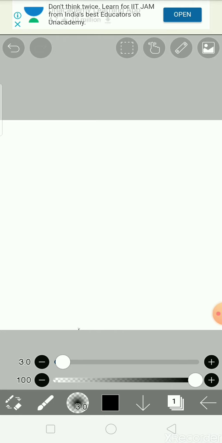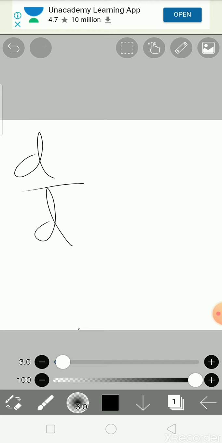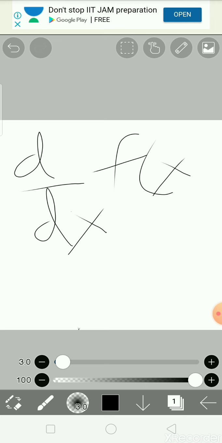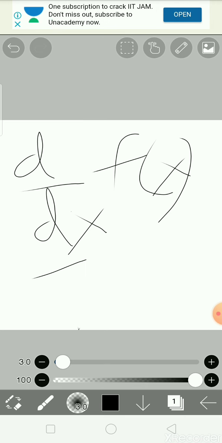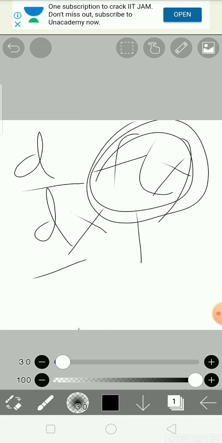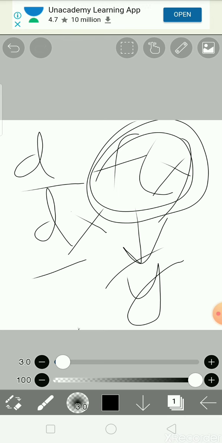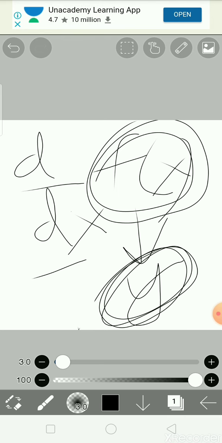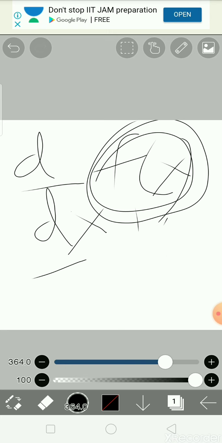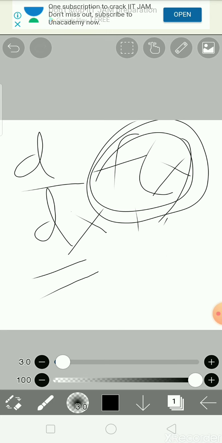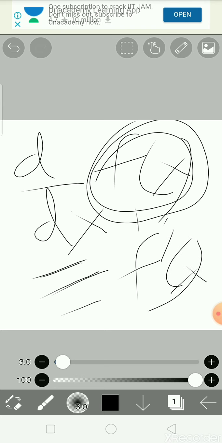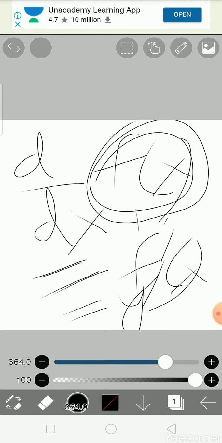So differentiation of a function can be written as d by dx of a function of x. This function f of x can be expressed as y, or d by dx can also be written as f dash of x or y dash.